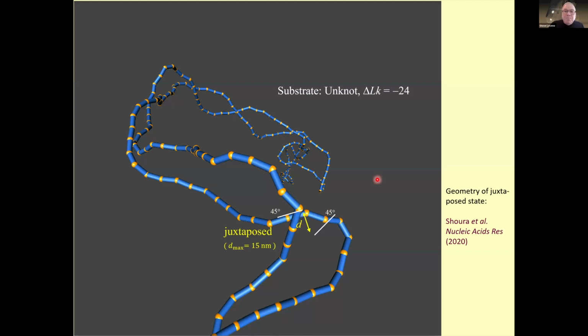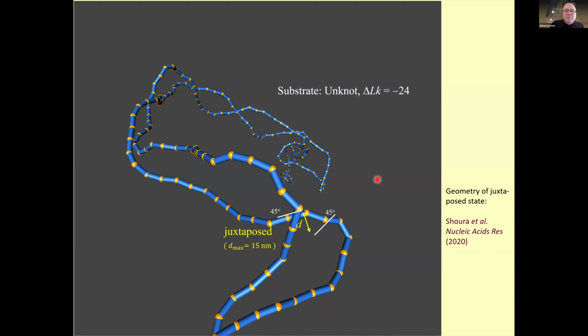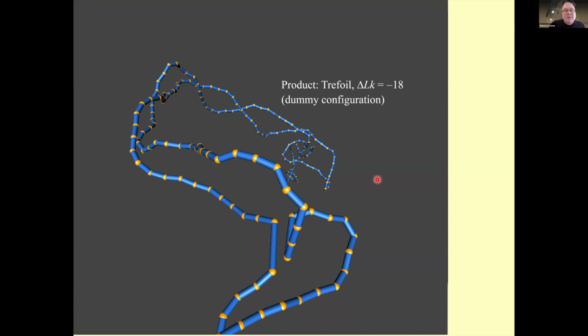So this is a juxtaposition, and this is the product, which is a trefoil. And now you can recombine that. Again, this shows the transaction that takes place during recombination.